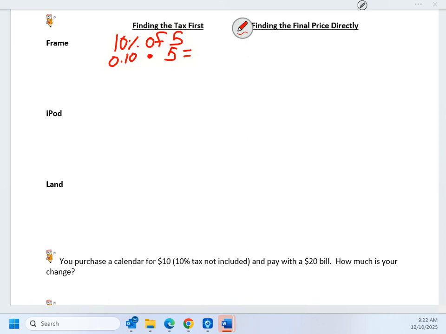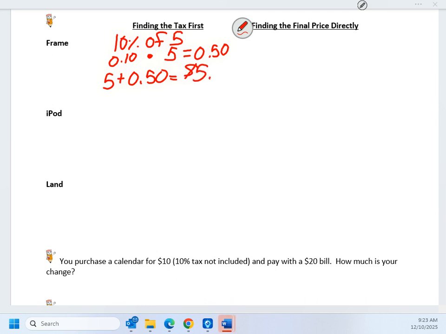You should have your calculators out, just like yesterday. What is 10% of 5? Jackson: 0.5. Say that louder for me. 0.5, which is 50 cents because we're dealing with money. So we have $5 for our picture frame. There's 50 cents in tax. We have to add them together.